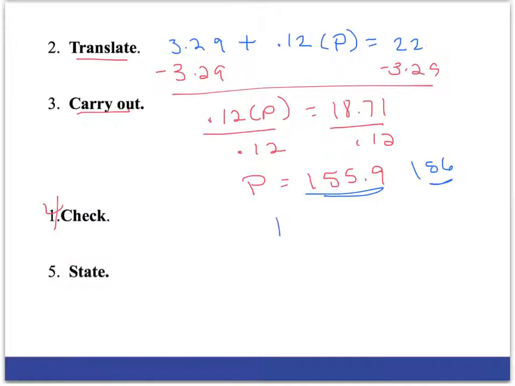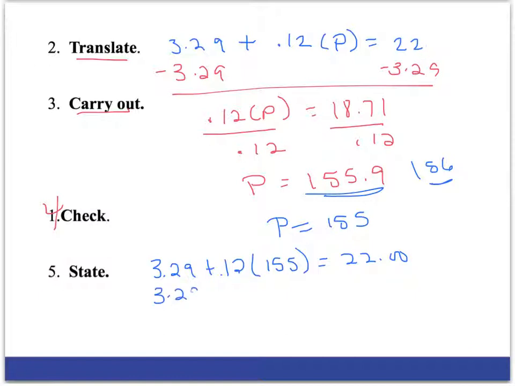So we can only take 155 pictures, or print 155 pictures per week. So be very, very careful. And you can go back and check. Let's see. We say $3.29 plus 12 cents per picture, and we said 155, equals at most $22. That's what we're trying to see because we can't go over that amount.